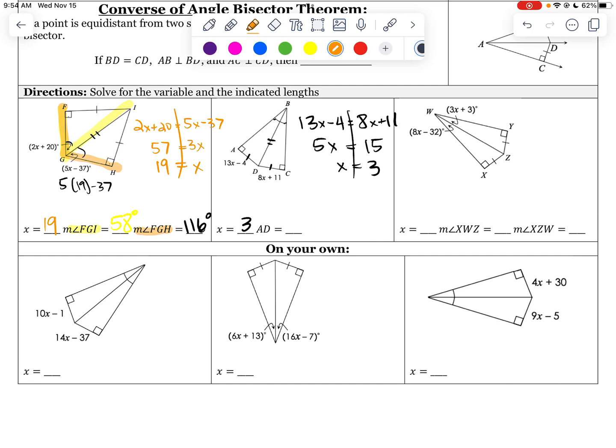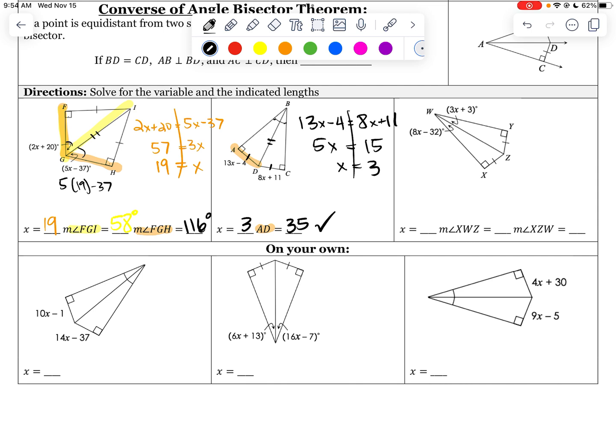And then it wants to know the length of AD. AD is just that one. So let's see, 3 times 13 minus 4 is 35. Triple check my work. 8 times 3 plus 11 should also be 35.